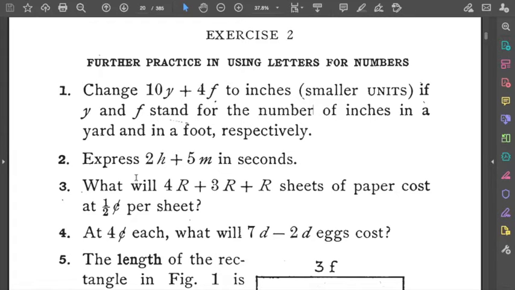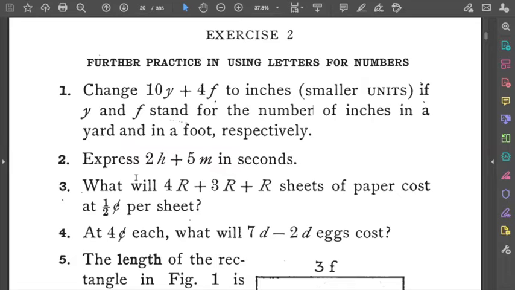Good. So let me get it for you. Write this value down.